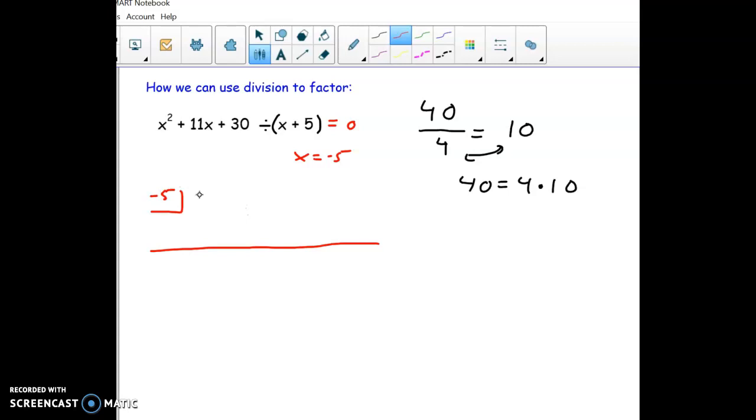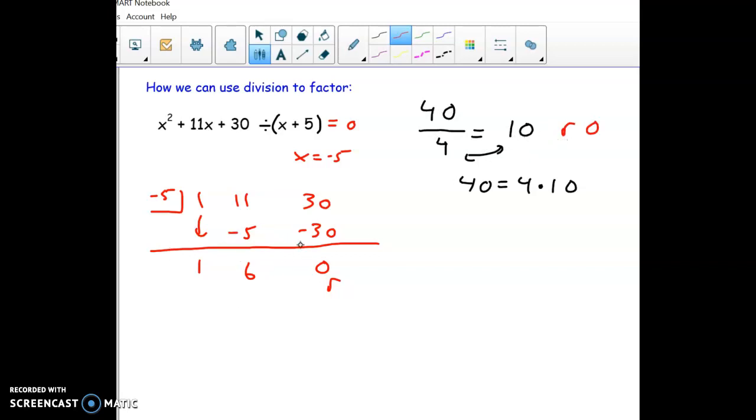So here, if we do synthetic division with 1, 11, and 30, we would drop the 1, multiply with the window, add these together, 6, and then multiply with the window. This is the first time this happened for us: we actually got remainder 0. That's basically saying it divided evenly, like in this case, 40 divided by 4 is 10 with remainder 0.